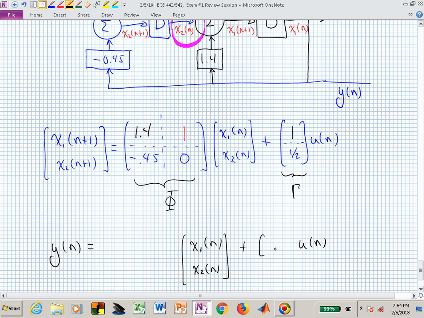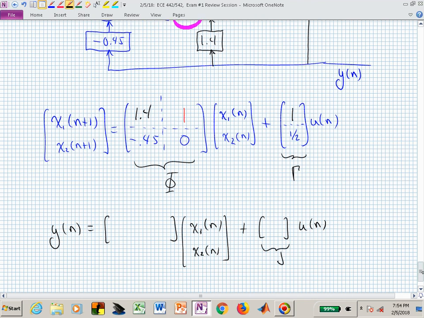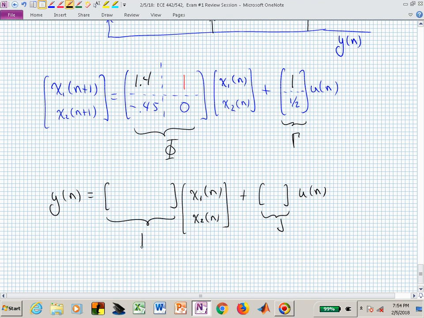A 1 by 1. What do I multiply a 2 by 1 to get a 1 by 1? A 1 by 2. And this is my direct feed-through matrix. This is my output matrix H.